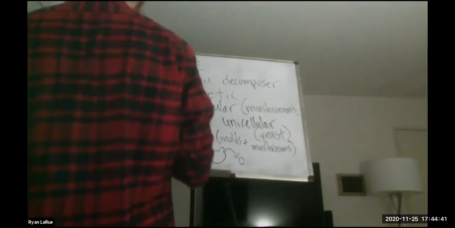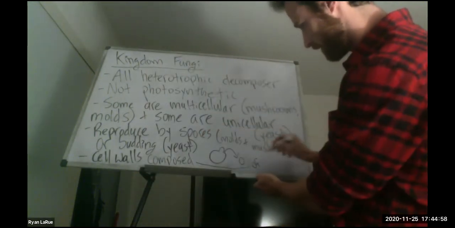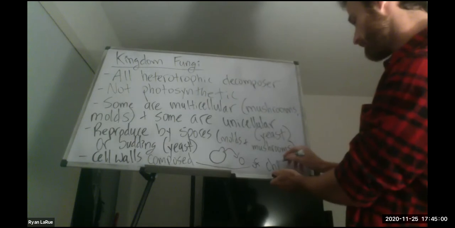It's actually made of a polysaccharide modified with a nitrogen group. You don't have to know that. But they have cell walls made of something called chitin. So cell walls composed, I'm just going to continue over here, of chitin, which is spelled CHITIN.